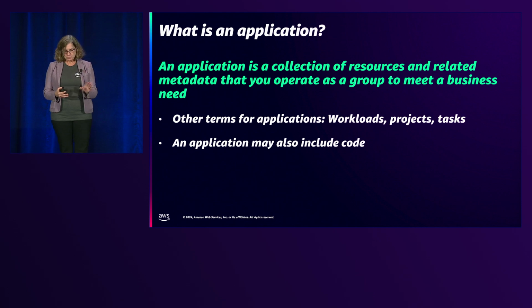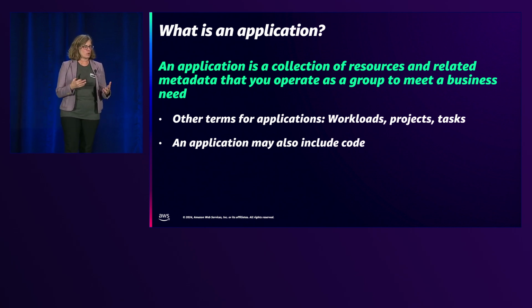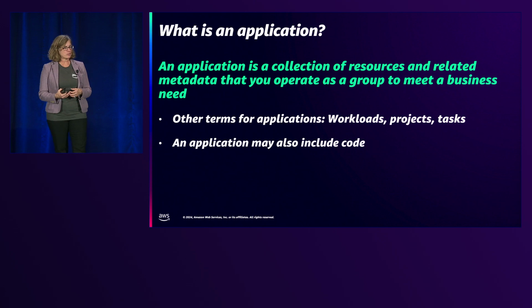And so we kind of went back and we thought, well, what is an application, right? If I ask 10 people in this room what an application is, probably get 10 different answers. So when we thought about how would we define an application and what would be the right kind of constructs to create to support application-centric experiences across AWS, we decided it should be a really general definition.